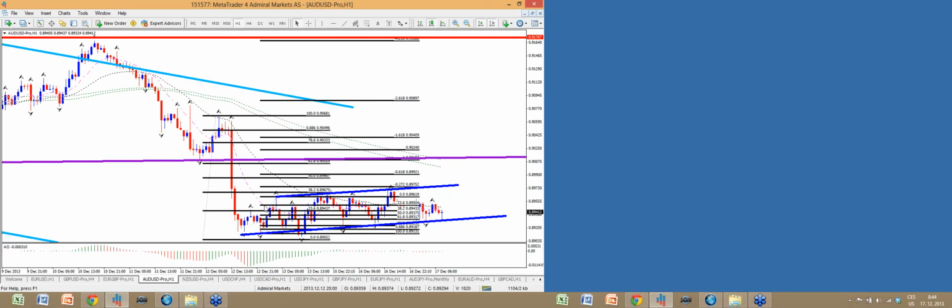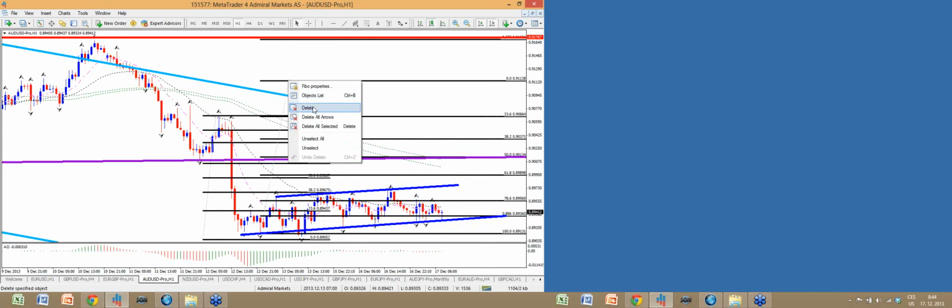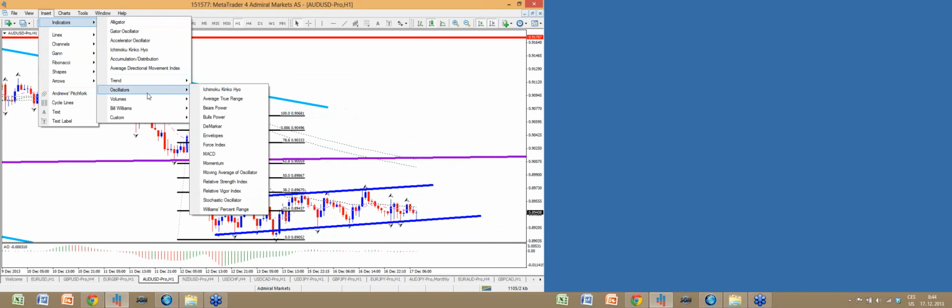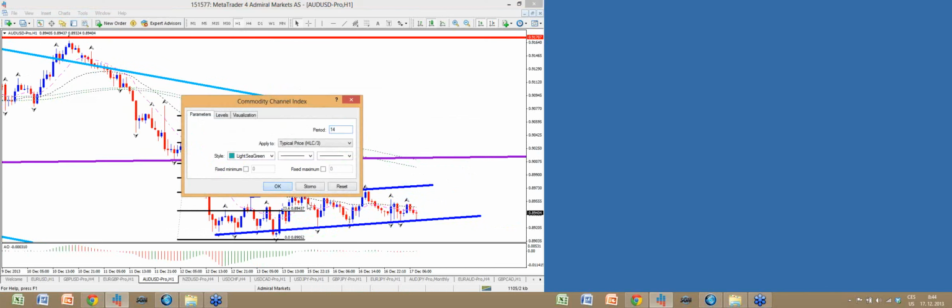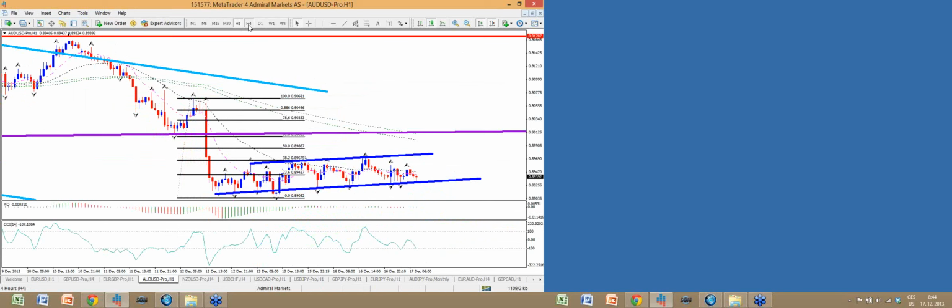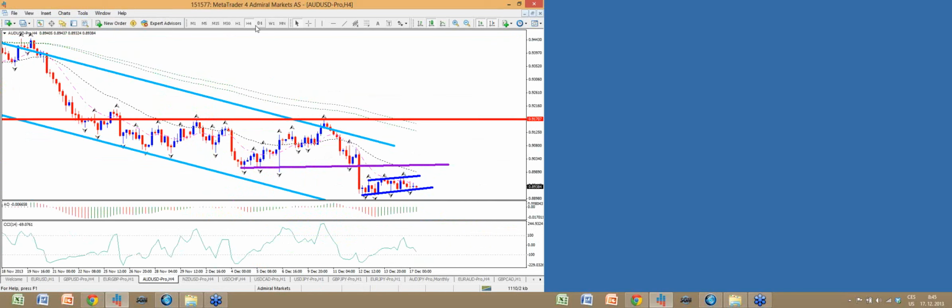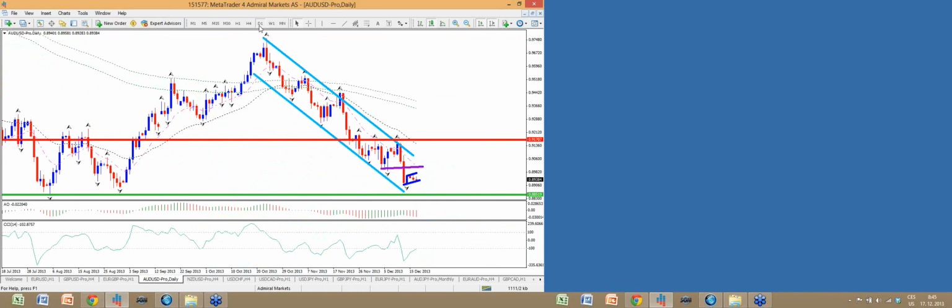Good. Let's take a look at the CCI. The daily chart had a very strong spike down with the CCI, indicating some acceleration of the trend.